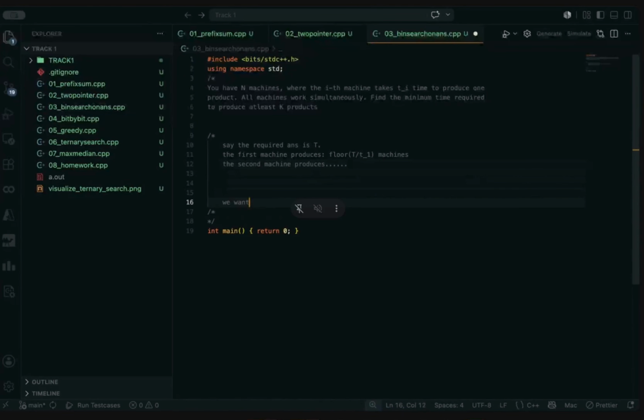So we want to find the minimum T such that the summation from i equal to 1 to n of floor of T by T underscore i is at least k.